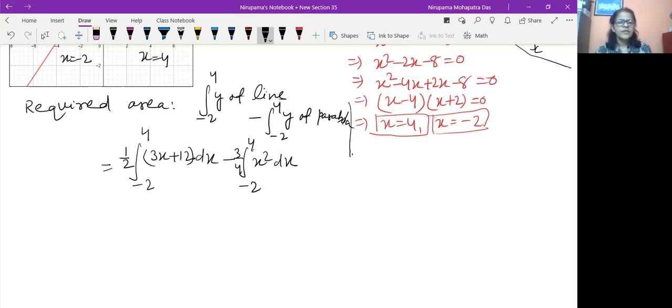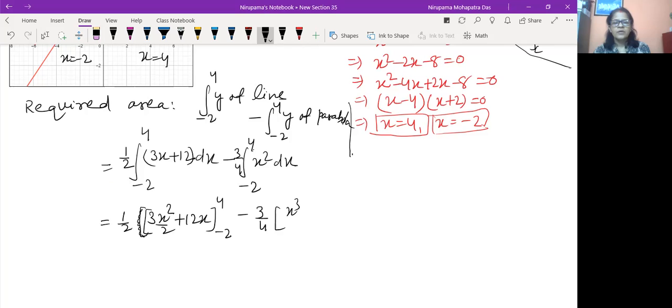Integration is not difficult, as I have told you earlier also. So it is 3x square by 2 plus 12x, with limits from minus 2 to 4, minus 3 by 4 times x cube by 3, limits from minus 2 to 4. Half is for this thing. Now the first term is into 3 by 2, so take 3 by 2 out.